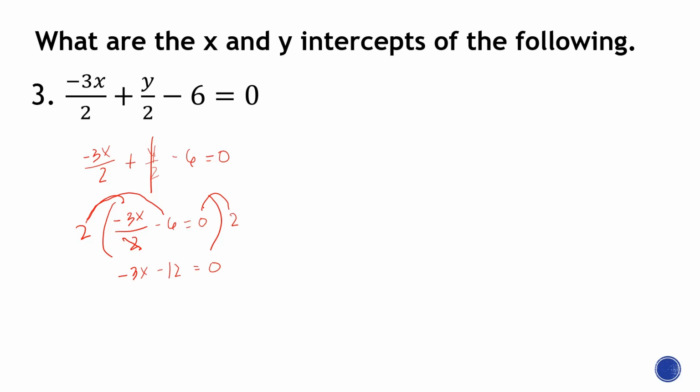And then, addition property of equality, because that is negative 12, we cross that out. So that's negative 3x equals 12. And finally, divide by negative 3 on both sides, and that will give us x equals negative 4. And like what I said, we need to express that as a coordinate in the Cartesian plane. So that would be negative 4, 0.